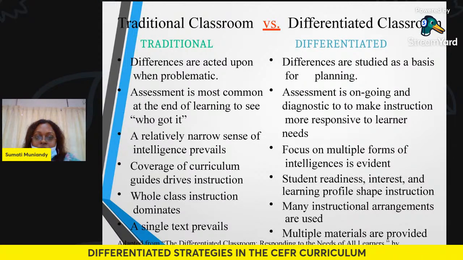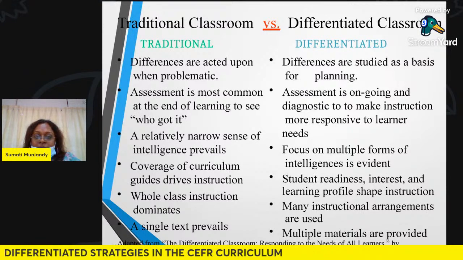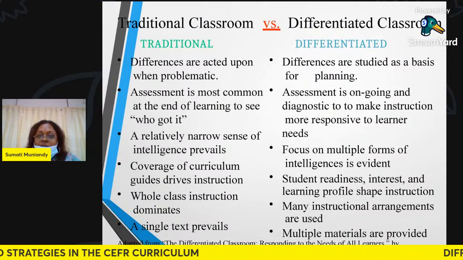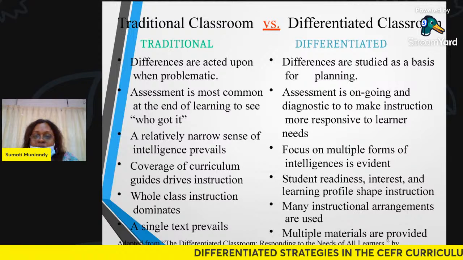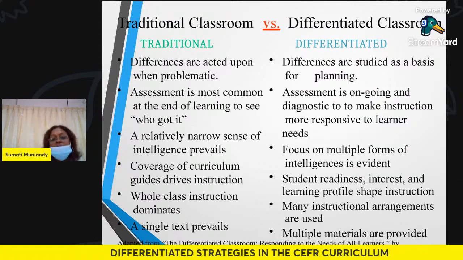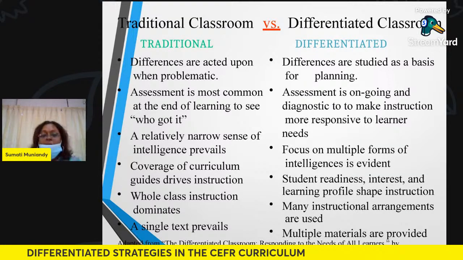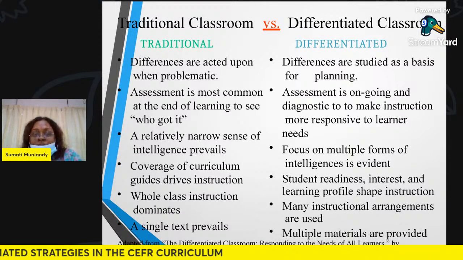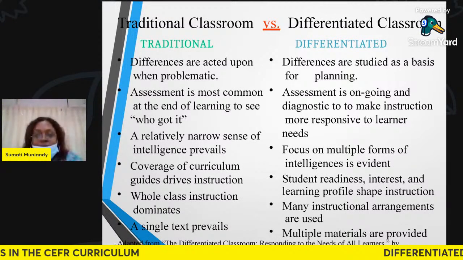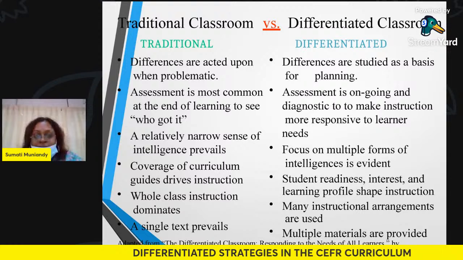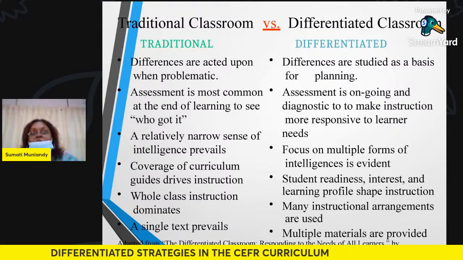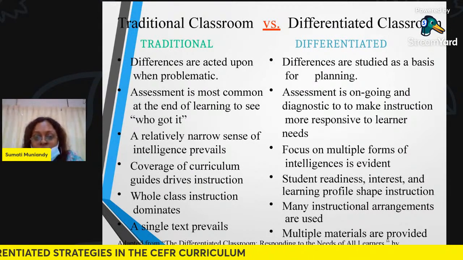Okay. A single text prevails, but here in the differentiated classroom, multiple materials are provided. This is crucial. Multiple materials. That's why at the beginning of my talk, I explained to you that this is quite rampant.